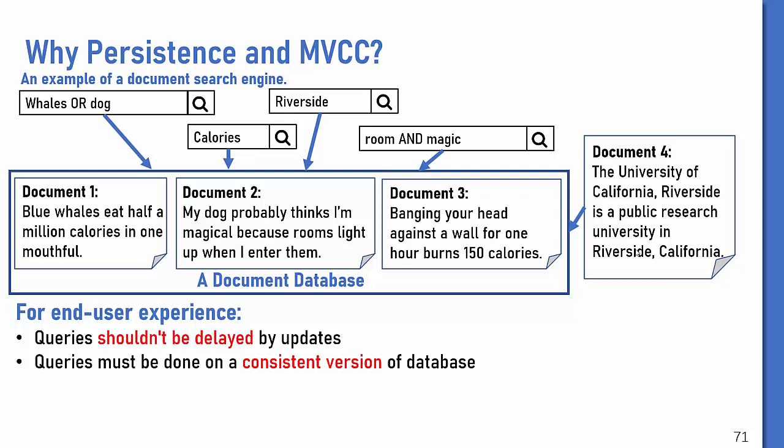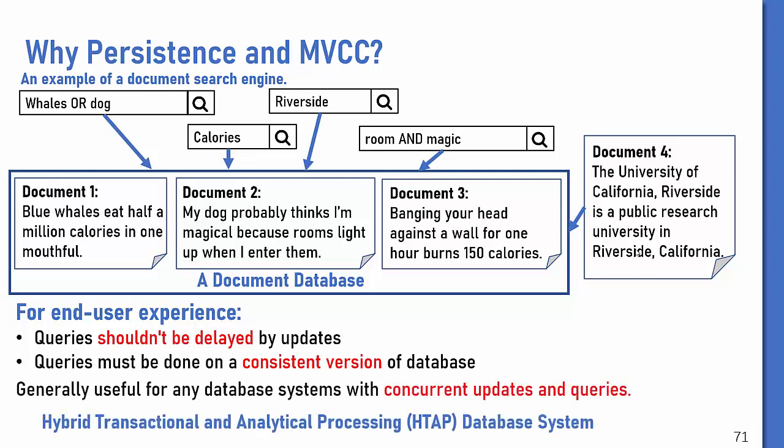Otherwise, the returned result can just be wrong, so the users could also be very angry if they don't get the correct information they want. So it's very important to guarantee both correctness and efficiency. This is not just for document databases. It is generally true for any database system with concurrent updates and queries. And this type of database system is usually called hybrid transactional and analytical processing, or HTAP-type database systems.